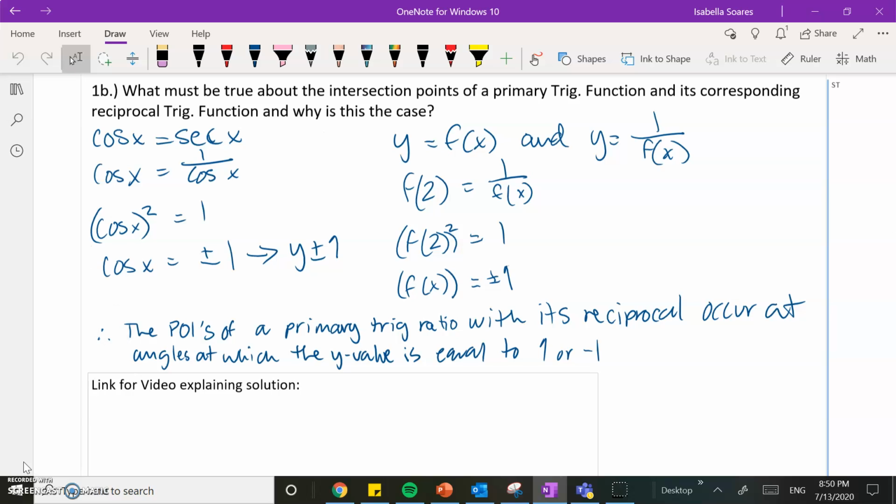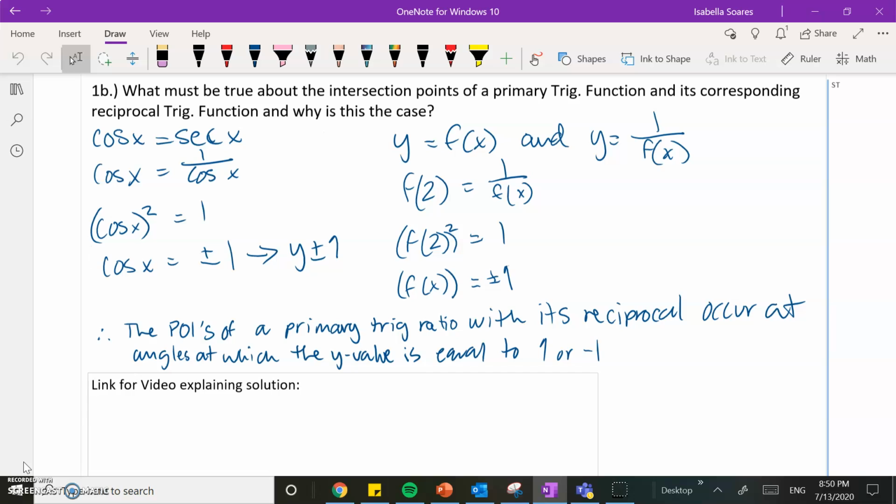Okay, so this question asks about the intersection points of a primary trig function. So to see what is true about the points of intersection of a primary trig function and its reciprocal, I started off by looking at y equals cos of x and y equals the secant of x. So in order to find these points of intersection, I set the y values equal to each other.